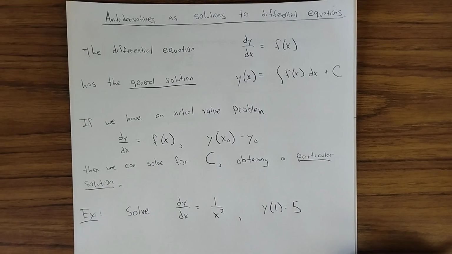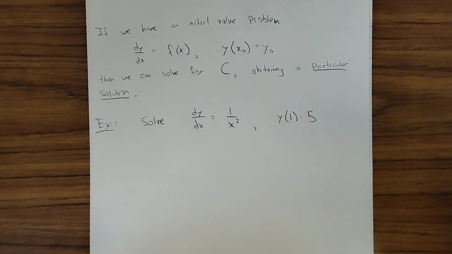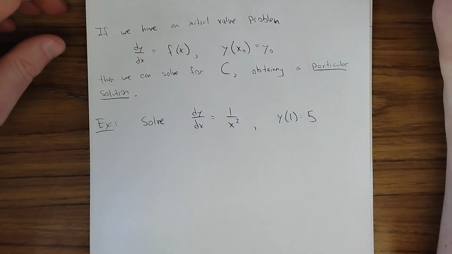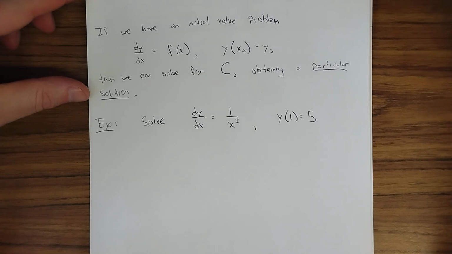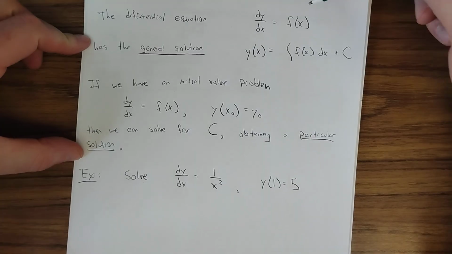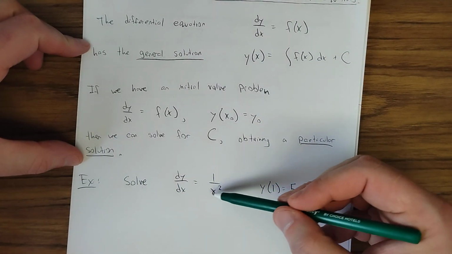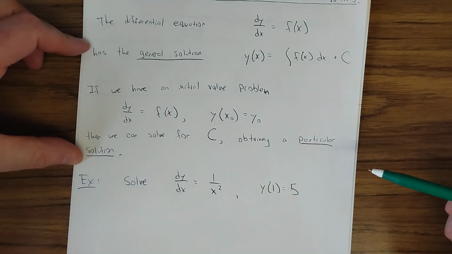Anyway, like I said, this should be easy. I'm going to do an example. This is mostly just practice remembering antiderivatives. So here we go. Here's a differential equation, and like I put before, dy over dx is only a function of x. I don't see any y's over here.